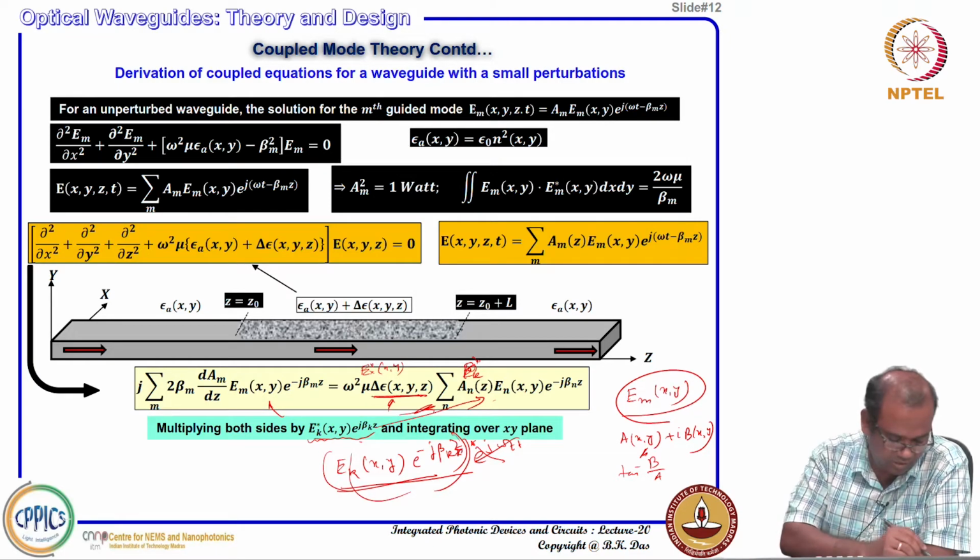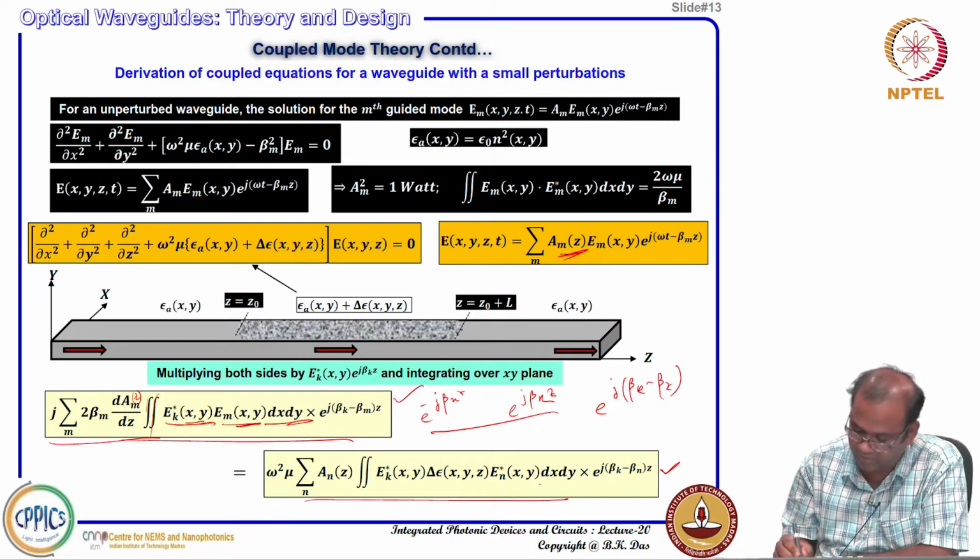So by the way, what I was saying is that we are multiplying both sides by E k star and integrating, and here I have used index n. So beta k multiplied, e to the power j beta k z multiplied, and minus beta n we have written here. Okay. Now look carefully.